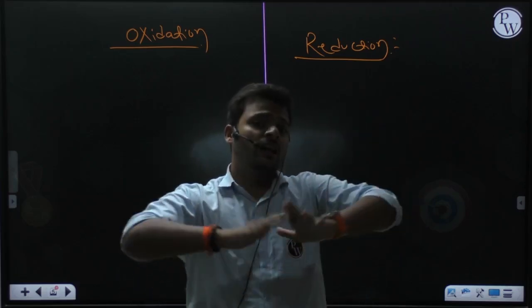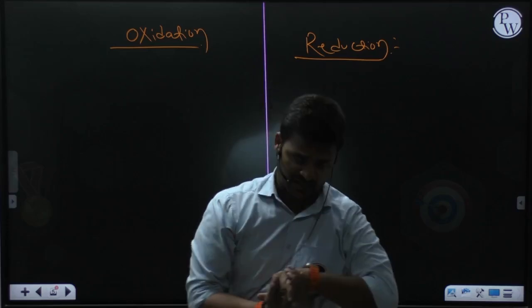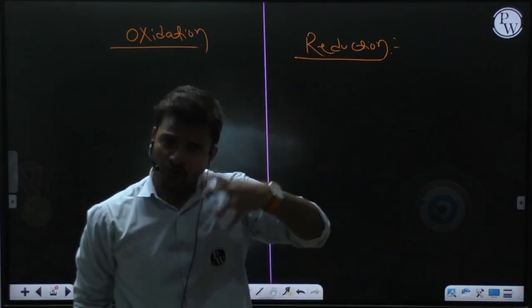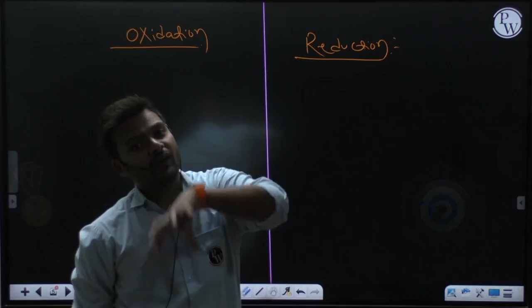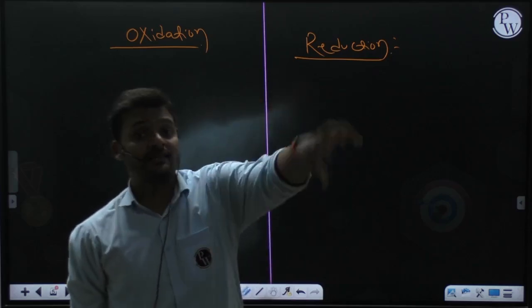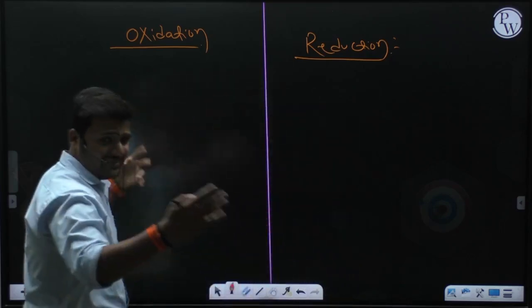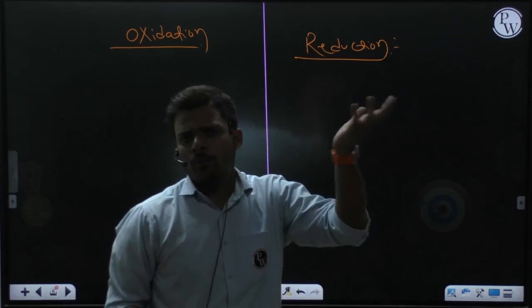These are the previous definitions of oxidation and reduction: oxidation is defined as addition of oxygen and removal of hydrogen, and reduction is defined as addition of hydrogen and removal of oxygen, right? These two definitions were the classical definitions.